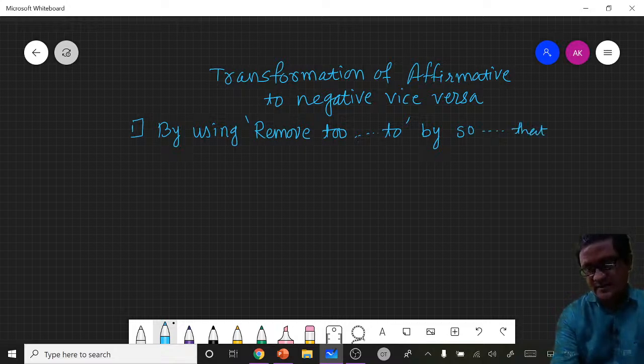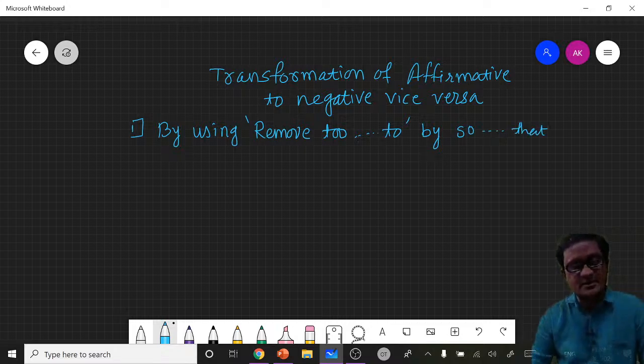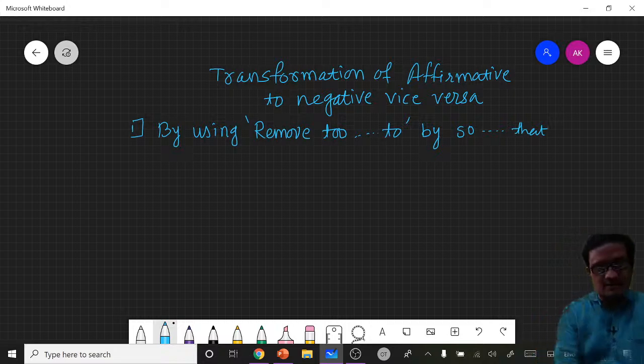This is the activity we have learned in the previous standard. So when the sentence is given with 'too dash to' included in it, first of all we have to remove them with 'so dash that', and this is how we convert the sentence from affirmative to negative. Look at the examples.